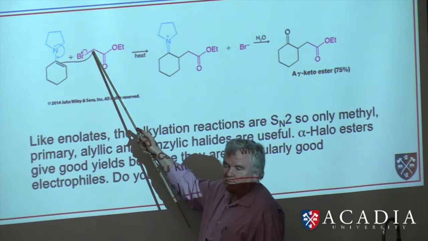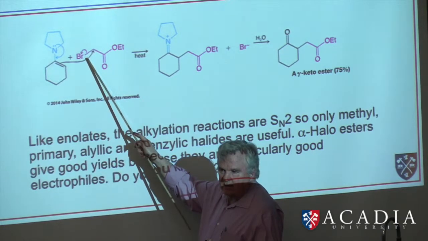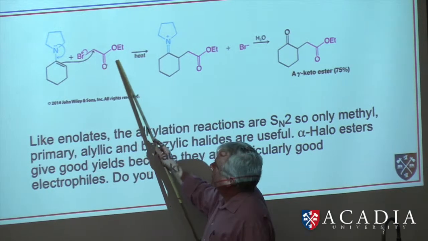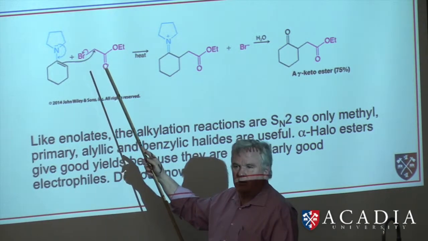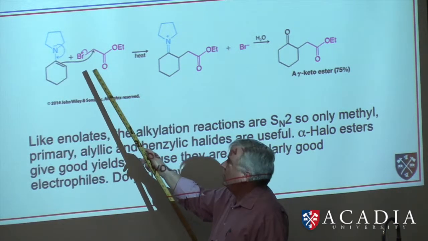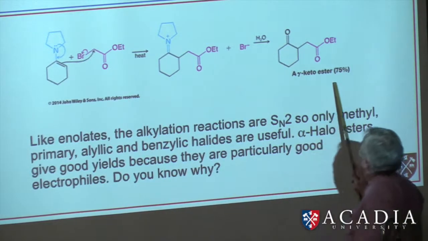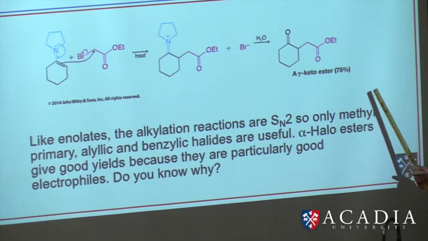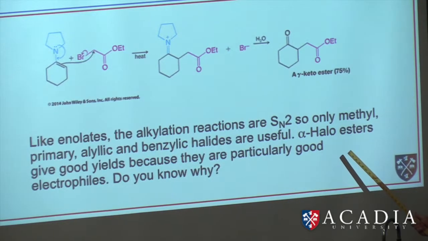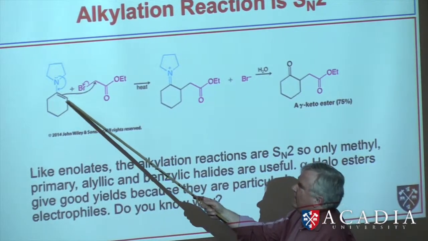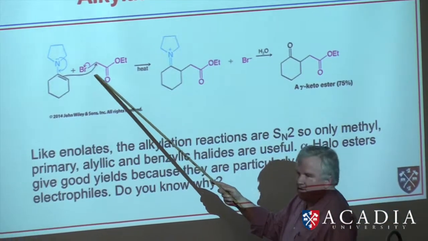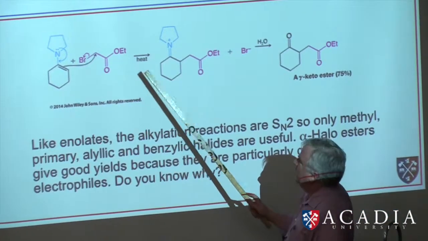We're used to seeing primary alkyl bromides as our electrophiles. If we put an electron withdrawing group on the same carbon, it becomes an even better electrophile. So these reactions actually go in very high yields. 75% is a good yield for this type of reaction. Same thing, we do our nucleophilic substitution reaction. They're SN2 types of reactions.